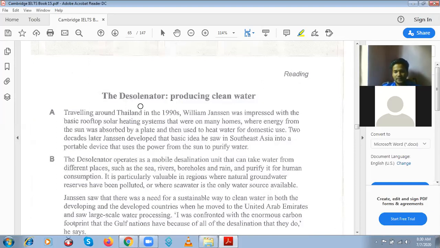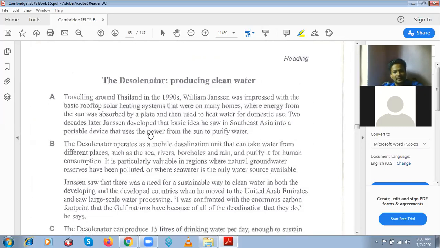The desalinator, producing clean water. It is already paraphrased here: the process of producing clean or fresh water. Traveling around Thailand in the 1990s, William Jensen was impressed with the basic rooftop solar heating systems on many homes. They were everywhere, where energy from the sun was absorbed by a plate and then used to heat water for domestic use.